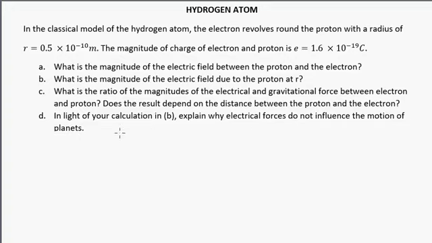First of all, the ratio of the magnitude of the electrical force, that's F E, and the gravitational force, that's F G. The electrical force, as we know, is the square of e over 4 pi epsilon naught r squared.